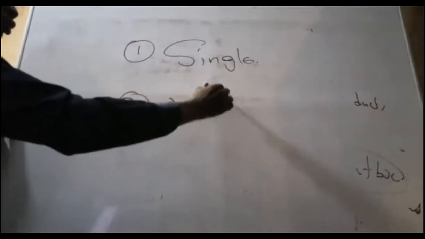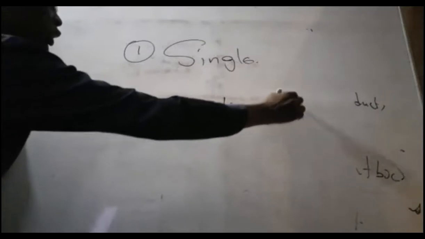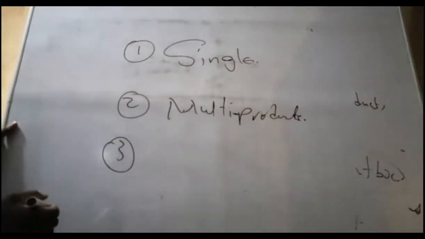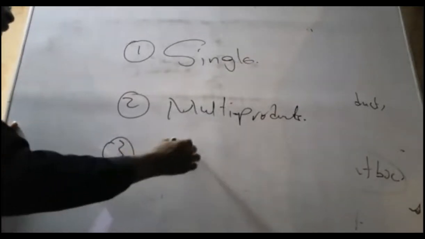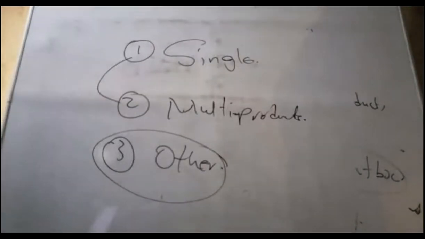Number 2, they can also ask you to do it for multi-products. Good. And then number 3, if they give us a chance, we'll add other ones, any angle. But let's concentrate on these 2, and then we are done.